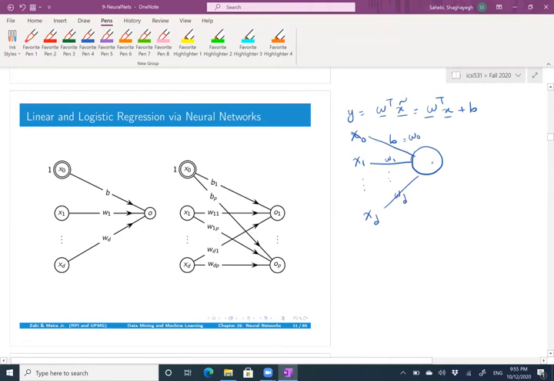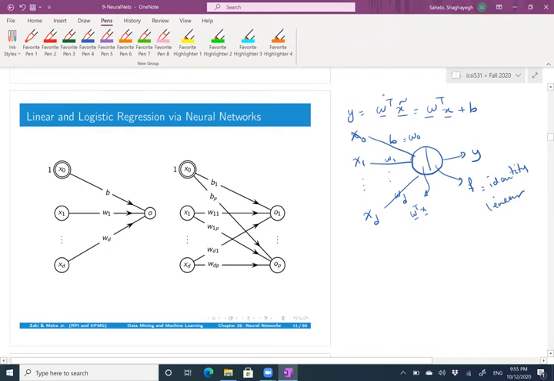And this is going to generate our Y. So here we have W transpose X, right? And our Y is actually equal to W transpose X. So our F is going to be the identity linear activation function, right? So Y is going to be equal to W transpose X plus B, or W transpose X tilde.